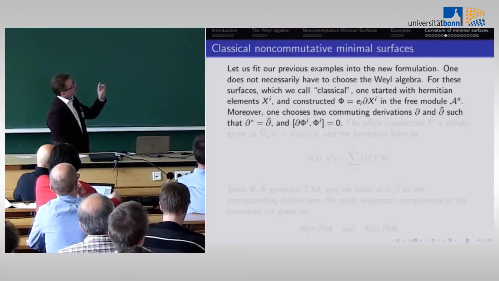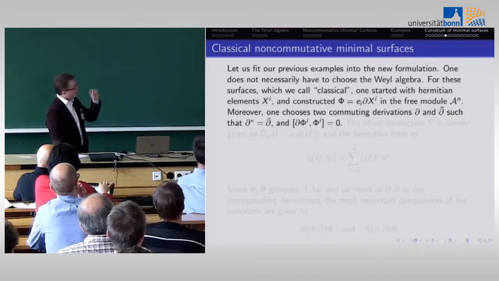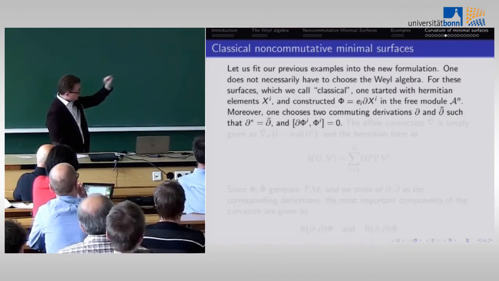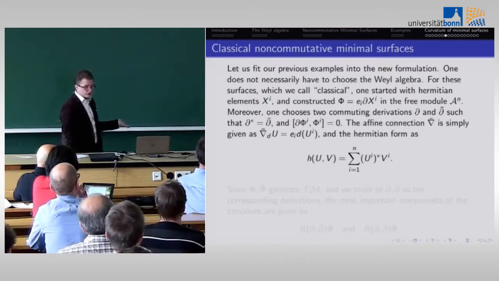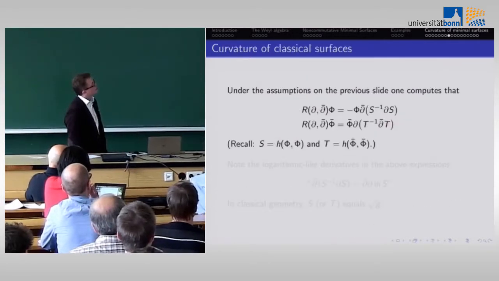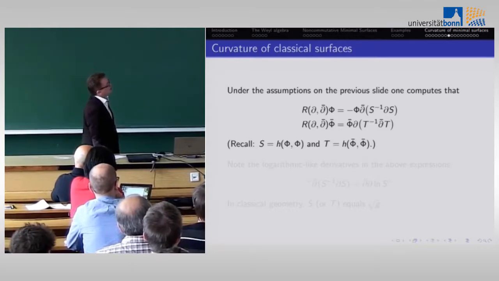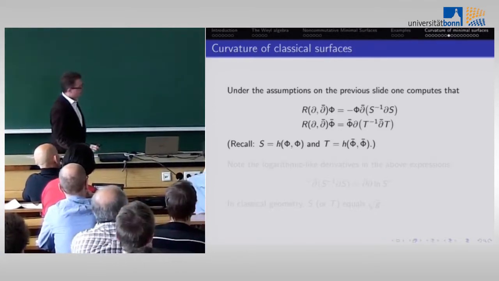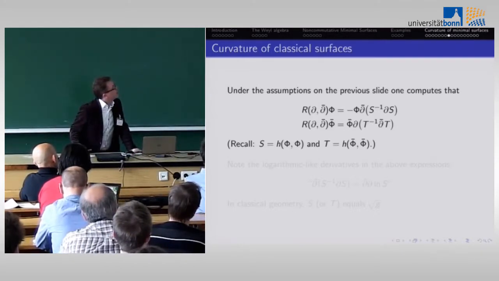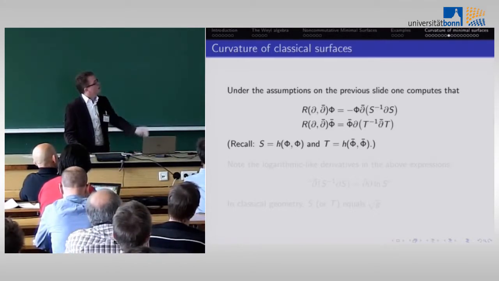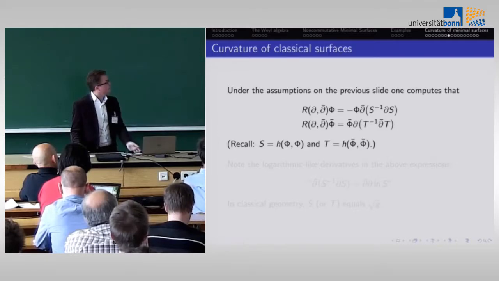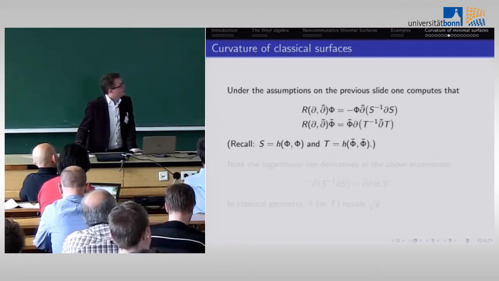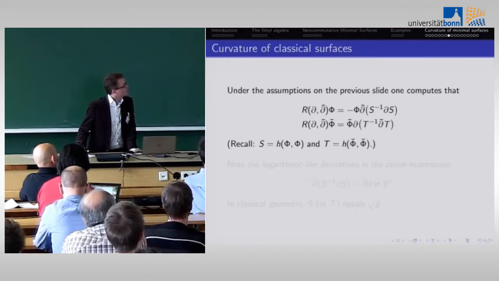But due to the fact that you have a minimal surface and you're fulfilling these things, for instance, commuting derivations, they simplify and can be written like this. So only in terms of the S and T, which were the off-diagonal parts of the metric in terms of phi and phi bar. Everything else disappears. So it gives you an easy way to compute the curvature.